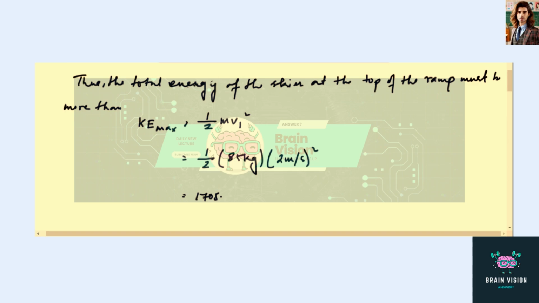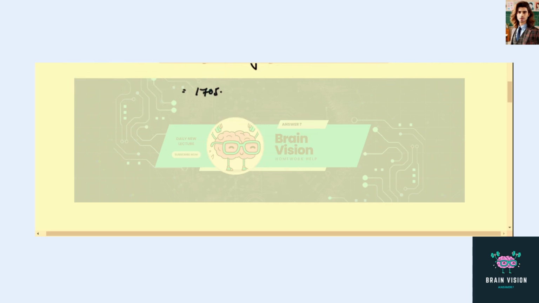Now let's calculate the potential energy of the skier at the top of the ramp. That is the total energy, 42,250 minus 170 joules, that is 42,080 joule.